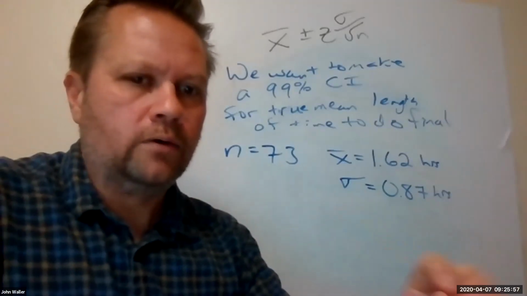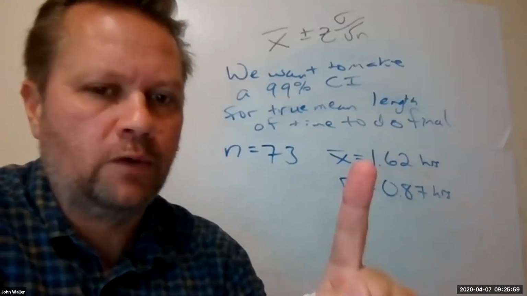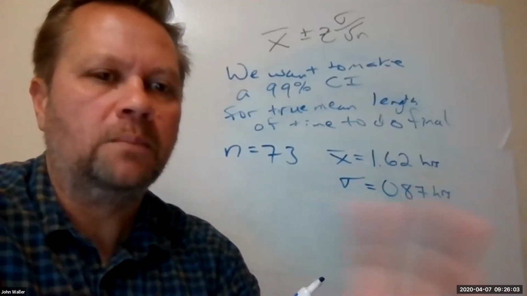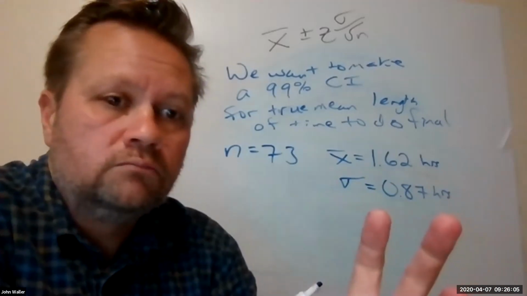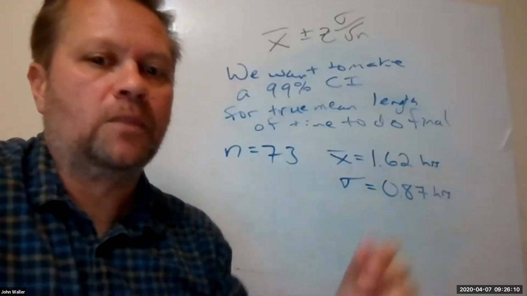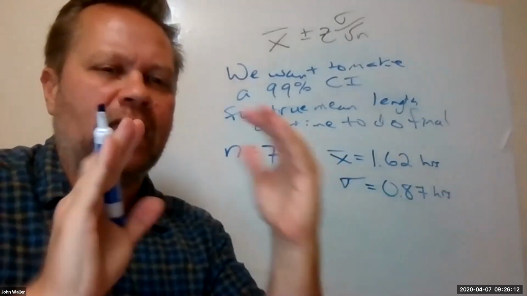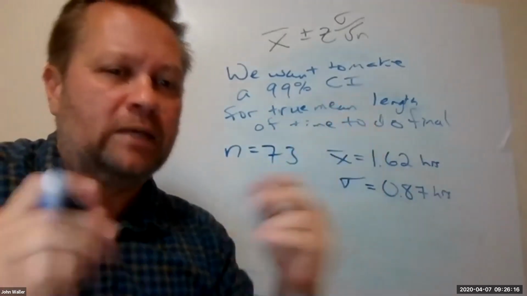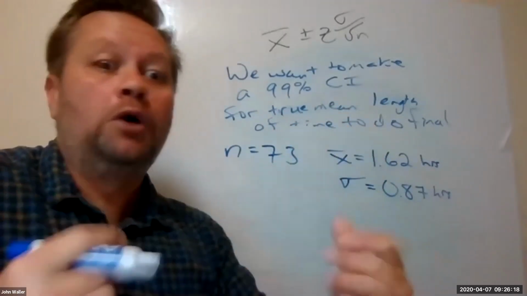We already knew this from day one. What's the only way we can get a feel for what the mean is? We take a sample and we see what its mean is, and we go, it's got to be close to that. This gives a better idea of what that close is. When I construct this interval, it gives me an idea of what that close is.